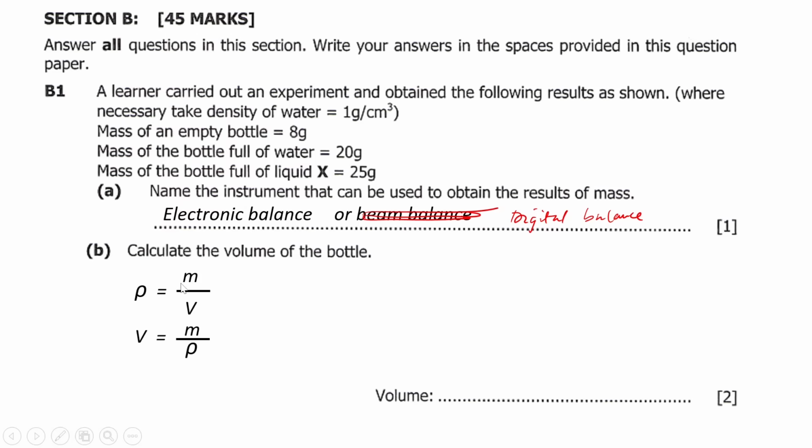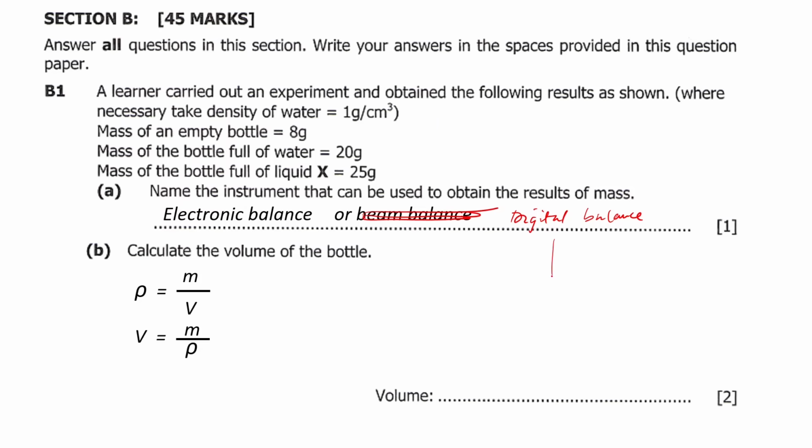Now, if we are calculating the volume of the bottle, this is where you need to think. Science requires thinking. Science is about thinking. So here they have tricked this question. Let's assume this is the bottle.